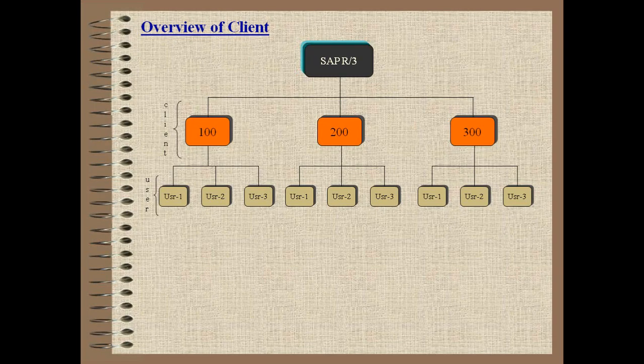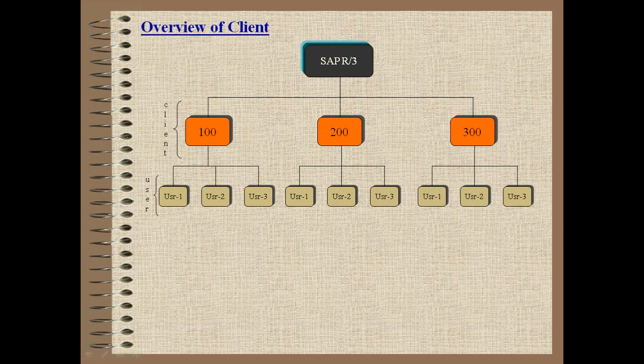So a client is nothing but an independent business unit within an R/3 system. It is an organizational and legal entity in the SAP system. As in the slide there are 3 clients, 100, 200, 300.